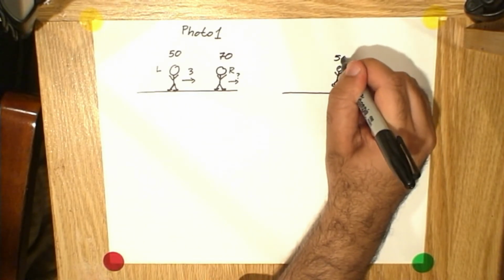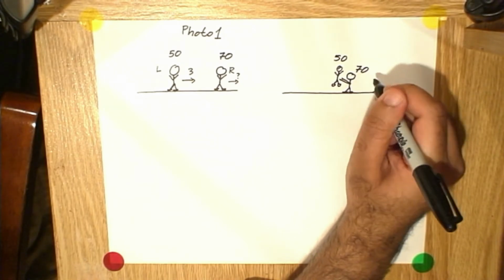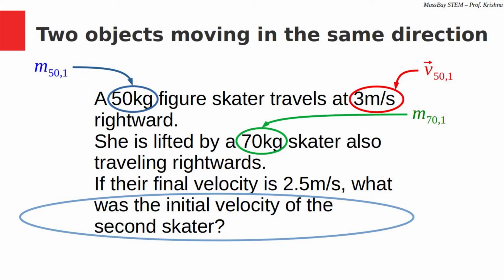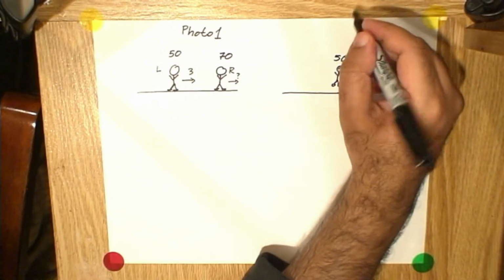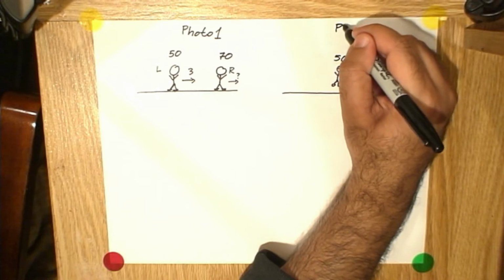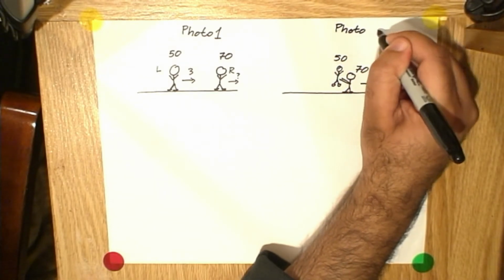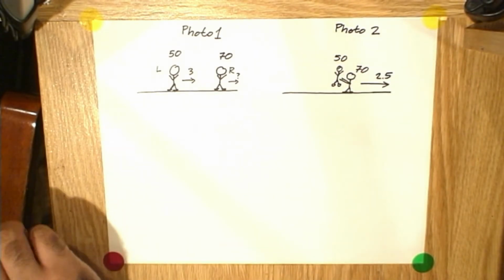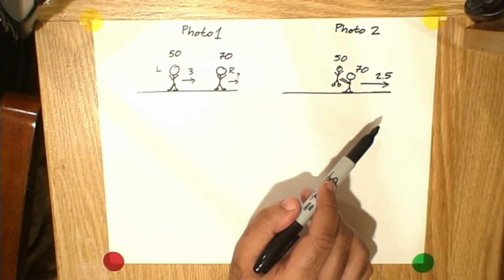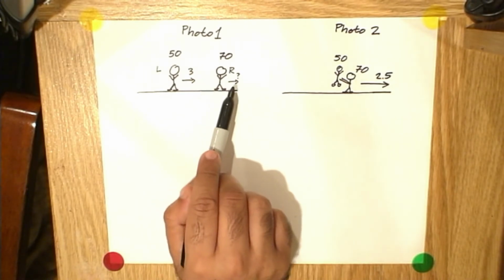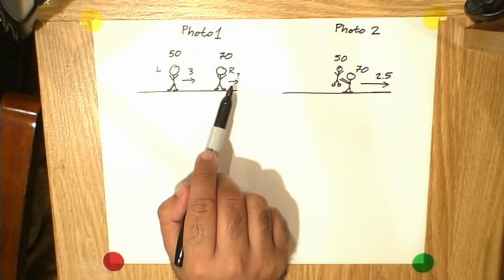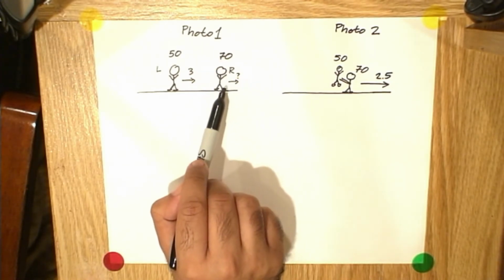So there's our 50 kilogram skater, there's our 70 kilogram skater, and we know that they are moving away at a final velocity of 2.5 meters per second. So this is photo 2. This is all of the information that we have been given. We've been asked to find out what the initial velocity of the 70 kilogram skater was.